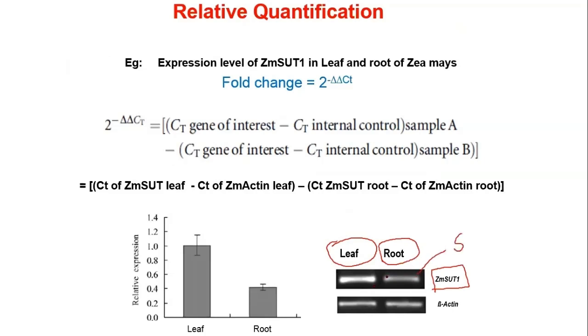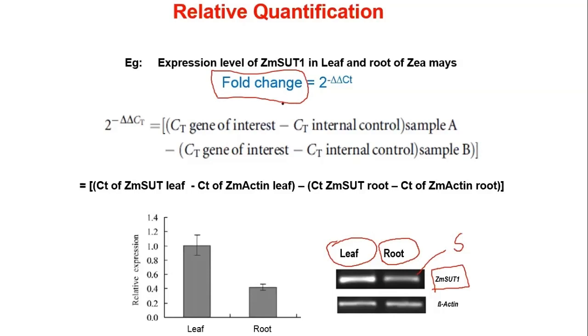As I told you, semi-quantitative PCR is an endpoint PCR, so you cannot use that as a complete foolproof method. So we go in for real-time PCR. In real-time PCR, how much the expression level has changed in root and leaf is given as fold change. The fold change is measured.